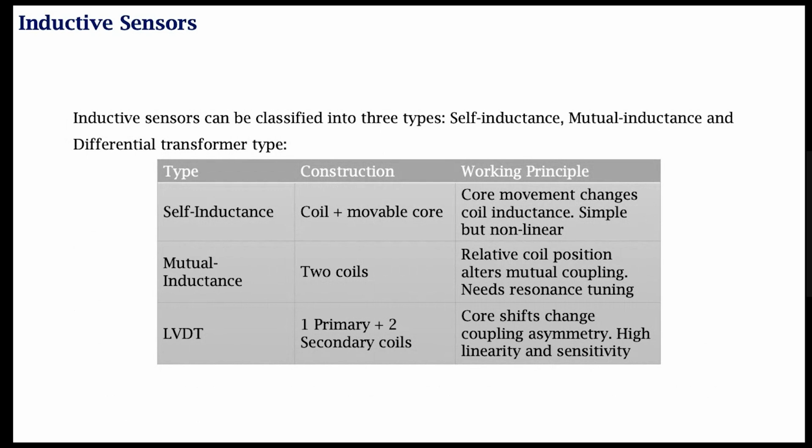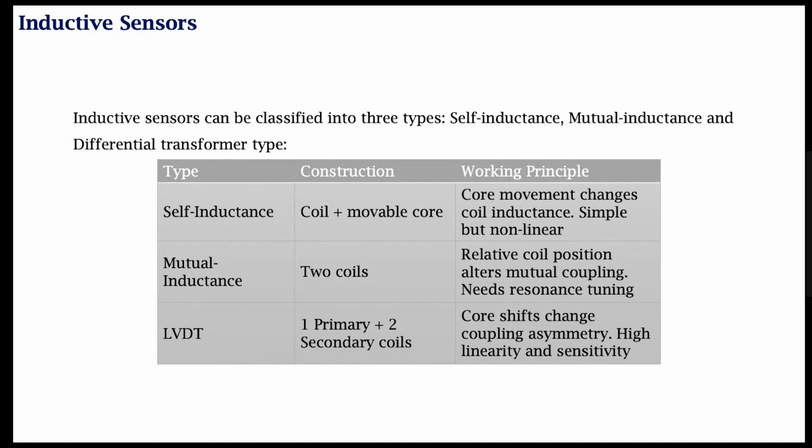This one has one primary coil and two secondary coils. In the first case, the self-inductance case, there is only one coil. In the second, mutual inductance case, there are two coils, one primary and one secondary. In the third case, LVDT, there are three coils, one primary coil and two secondary coils.